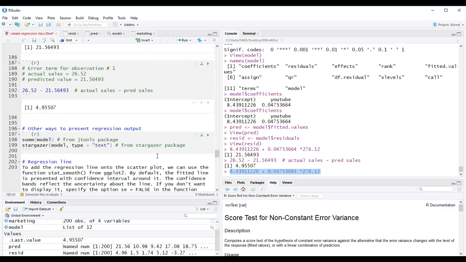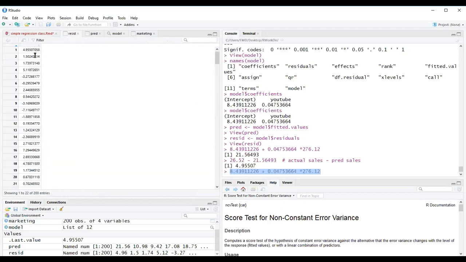Okay? All right. Then what's important, guys, are those values, particularly the residuals, because the sum of those should be 0. Okay? Alright.